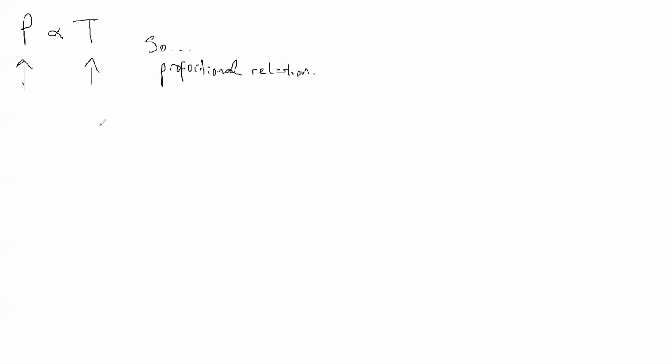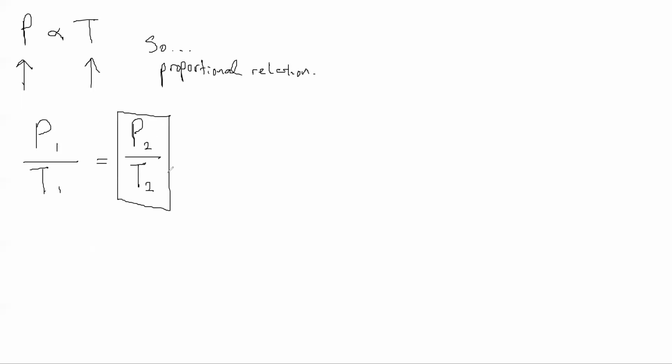Okay, where we can establish that from the initial pressure and the initial temperature, the ratio between the pressure and the temperature must remain the same. If I change the pressure, the temperature must also change so that this constant remains the same.